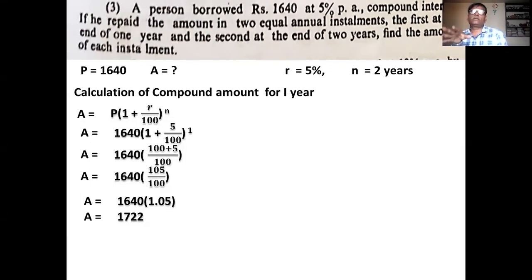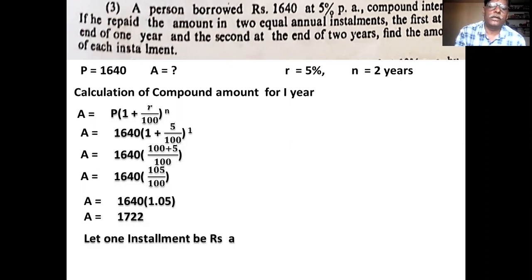First year end, he gives the first installment. Second year end, he gives the second installment. So out of this 1722, I deduct the first installment. Let one installment be rupees A.